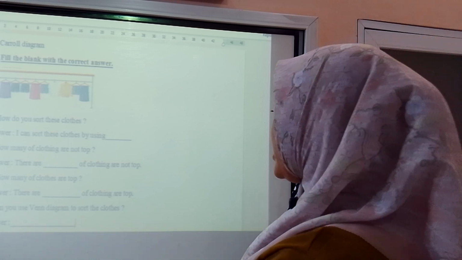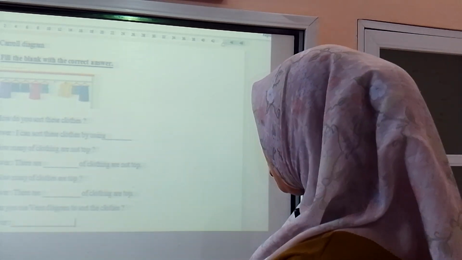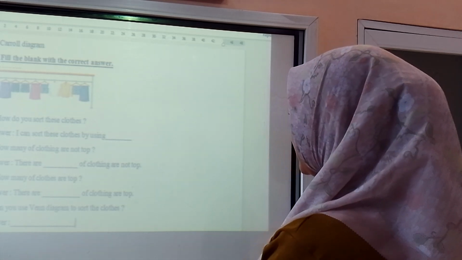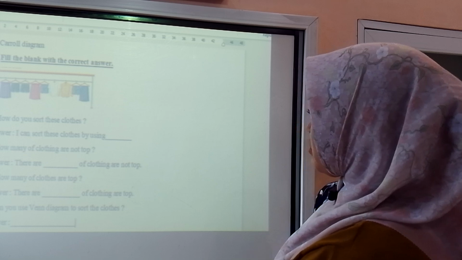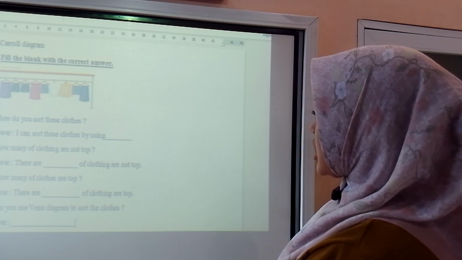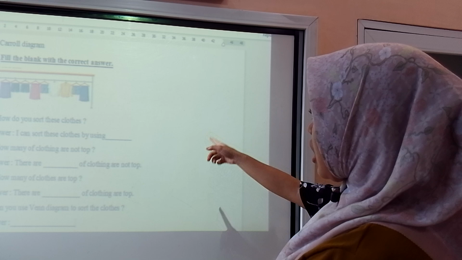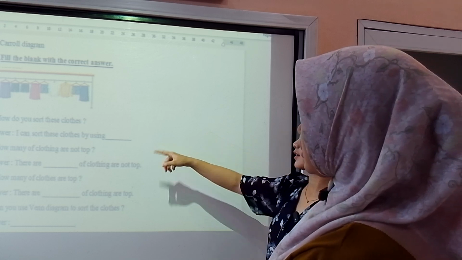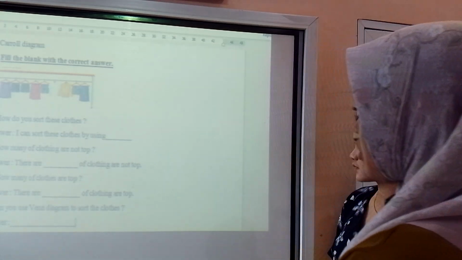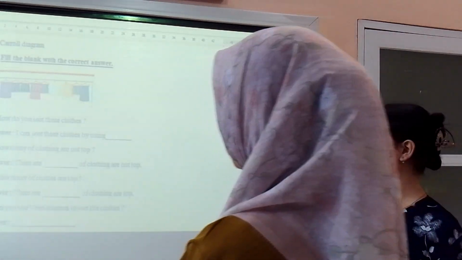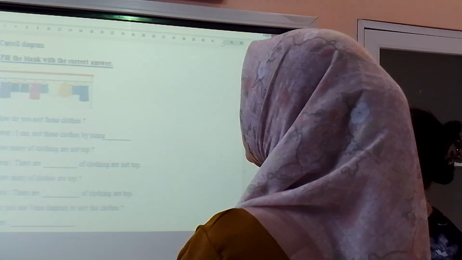Can you use a Venn diagram to sort the clothes? Yes, I can. They will not answer how, just yes, I can.